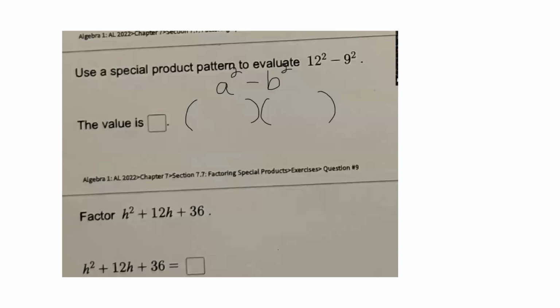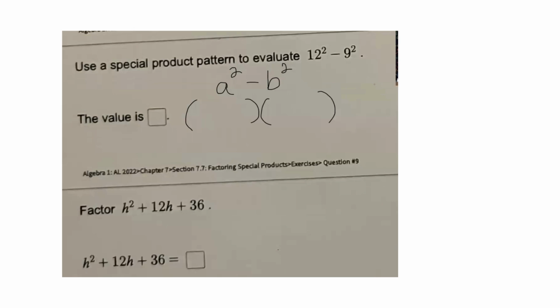Okay, so if you have a squared minus b squared, then just write down the pattern is a plus b times a minus b. Okay, so each time you have something, let's look at what a is. So here, this a is 8. So we're going to say a squared minus b squared.